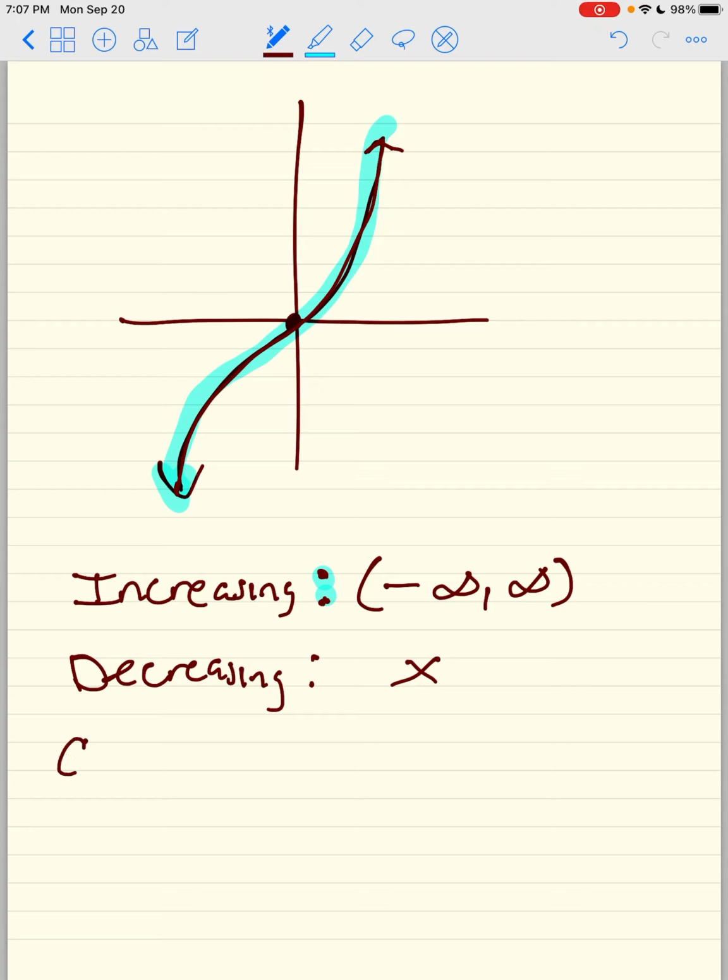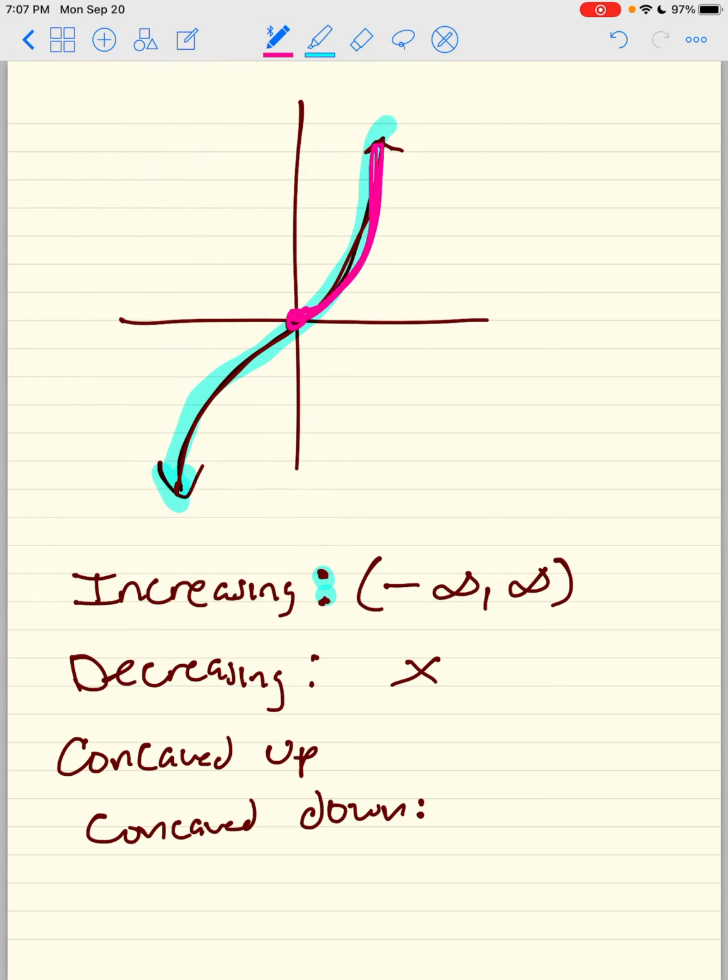Now, where is it concaved up and down? Well, can you guys see kind of like a happy face somewhere? Sure. It's right here. See that? So this is concaved up because it's half a happy face. This is concaved up from 0 to infinity.